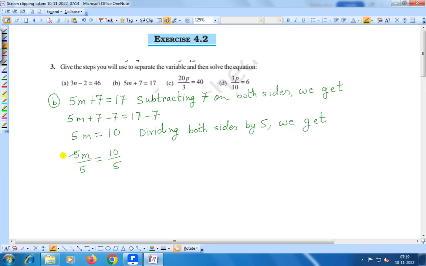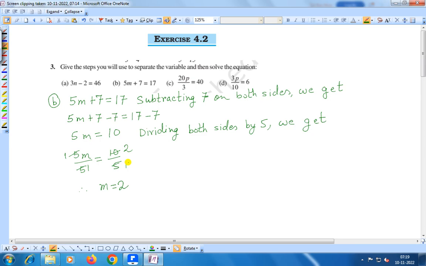That is, 5 1 5, and 5 2 10. Therefore m is equal to 2.